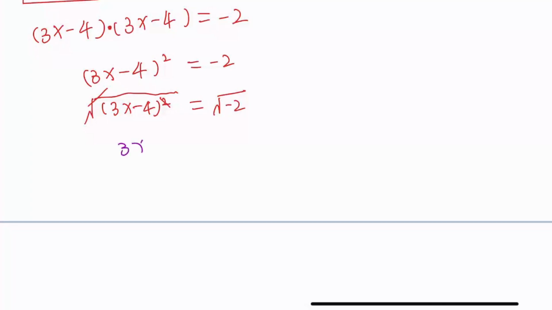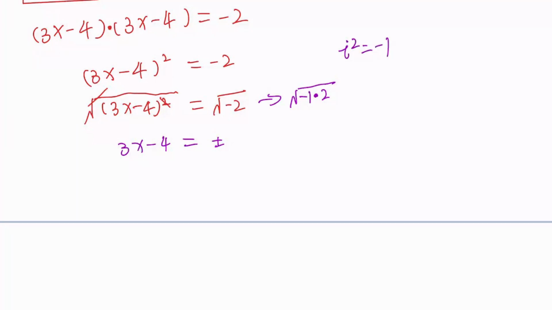So it's 3x minus 4 is equal to plus or minus. But then we're gonna deal with the square root of negative 2. Remember that negative 2 is equal to negative 1 times 2. And 2 is not a perfect square number, we cannot factor it. So we need to deal with the negative 1 here. And we know that i squared is equal to negative 1, right?